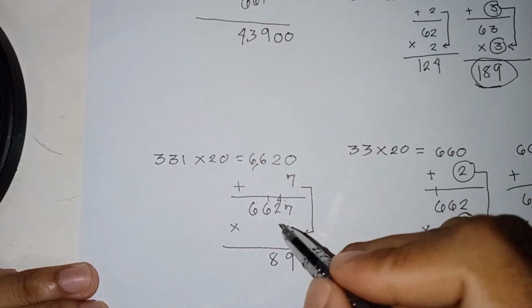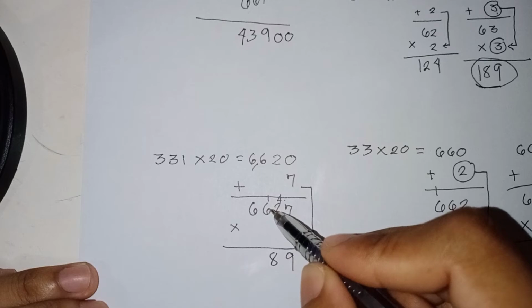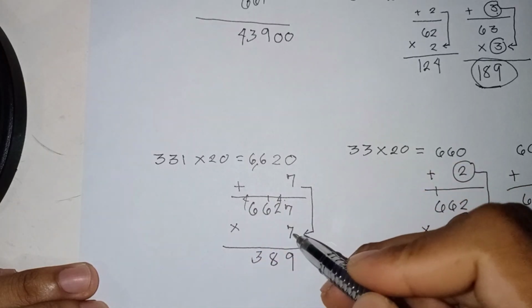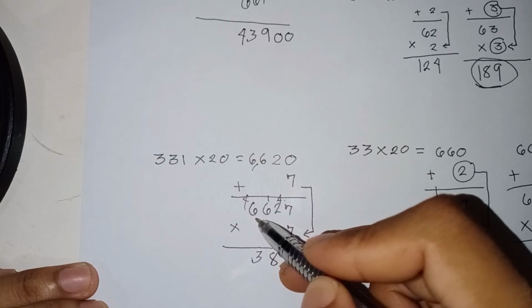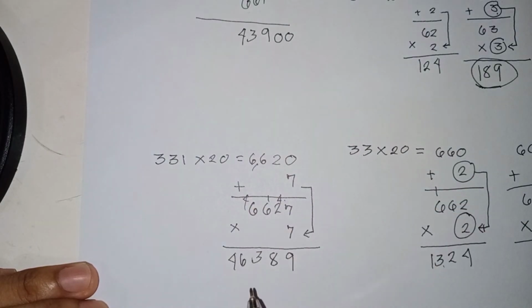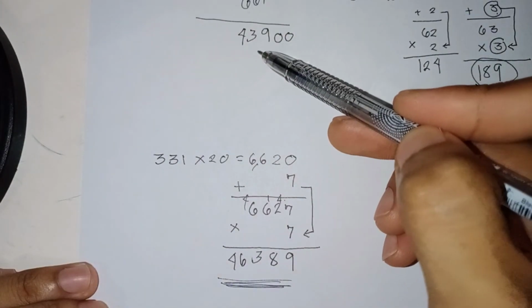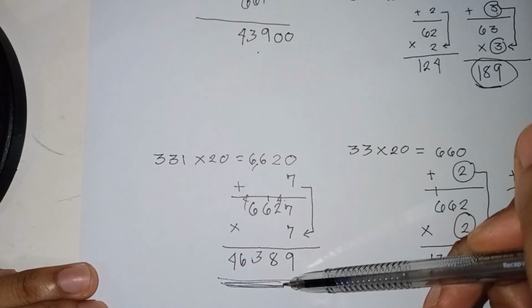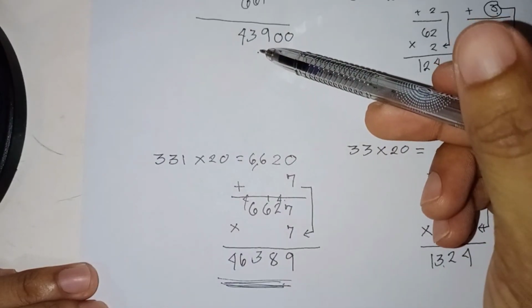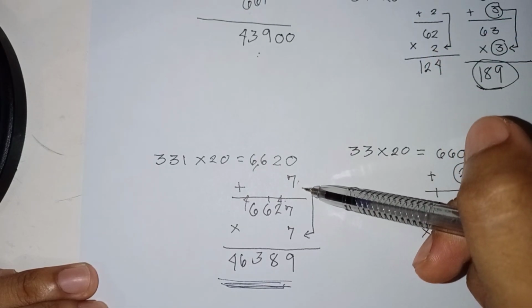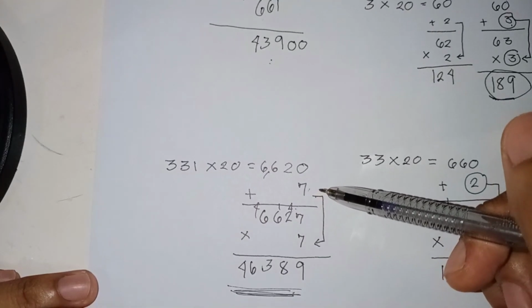Carry 1. 7 times 6 is 42, plus 1 is 43. Carry 4. 7 times 6 is 42, plus 4 is 46. We get 46,389, which is greater than 43,900. So 7 cannot be our answer in the thousands place.